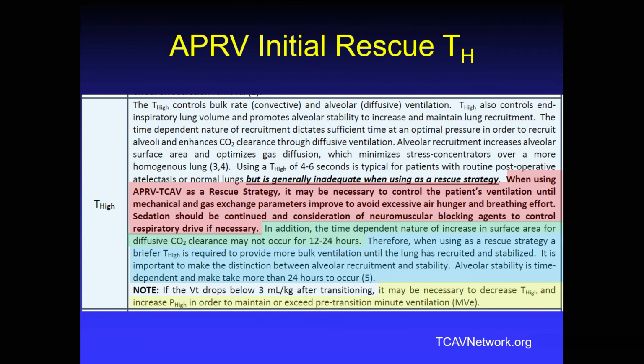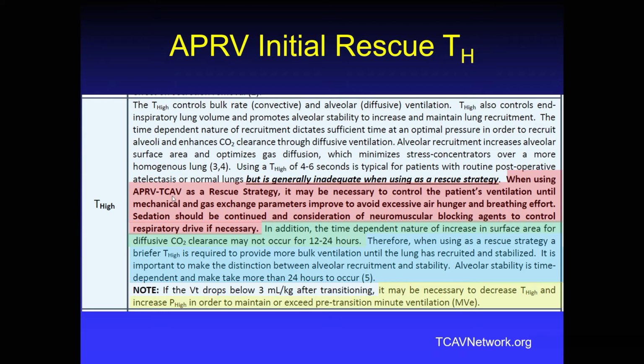And the TCAV network guidelines articulate this well, and I'll just read: using a T high of 4 to 6 seconds is typical for patients with routine postoperative atelectasis or normal lungs, but is generally inadequate when using as a rescue strategy, particularly in ARDS.